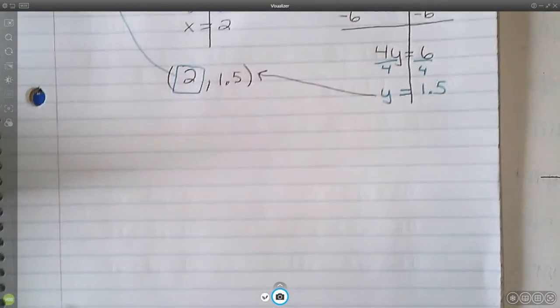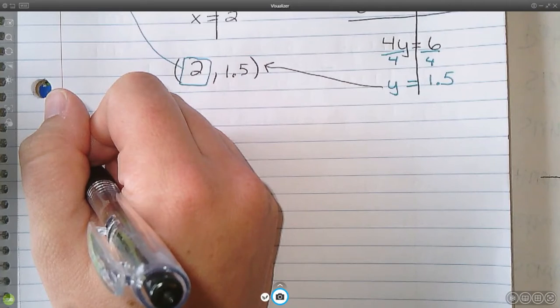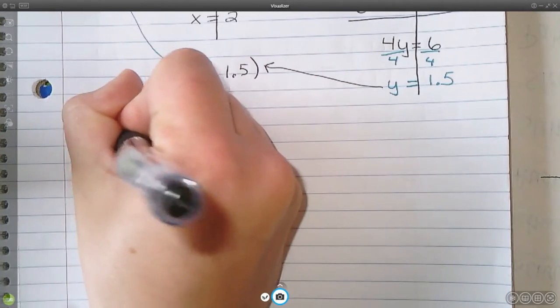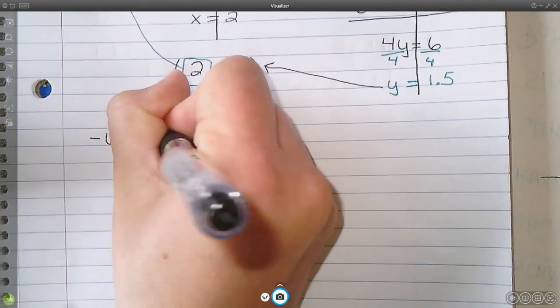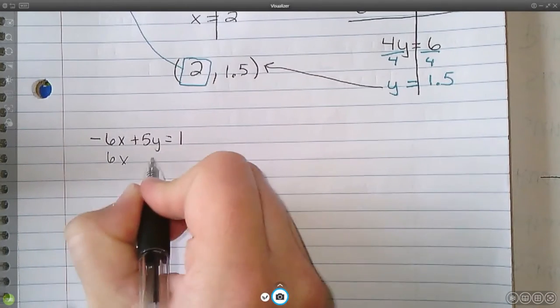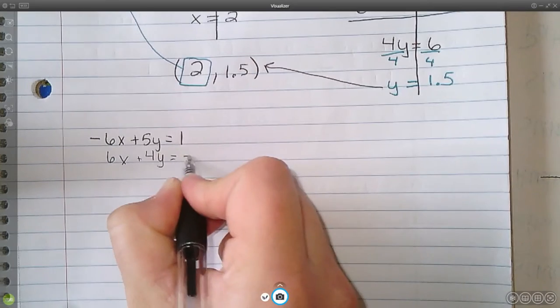The next one we're going to try is negative 6x plus 5y equals 1, and 6x plus 4y equals negative 10.